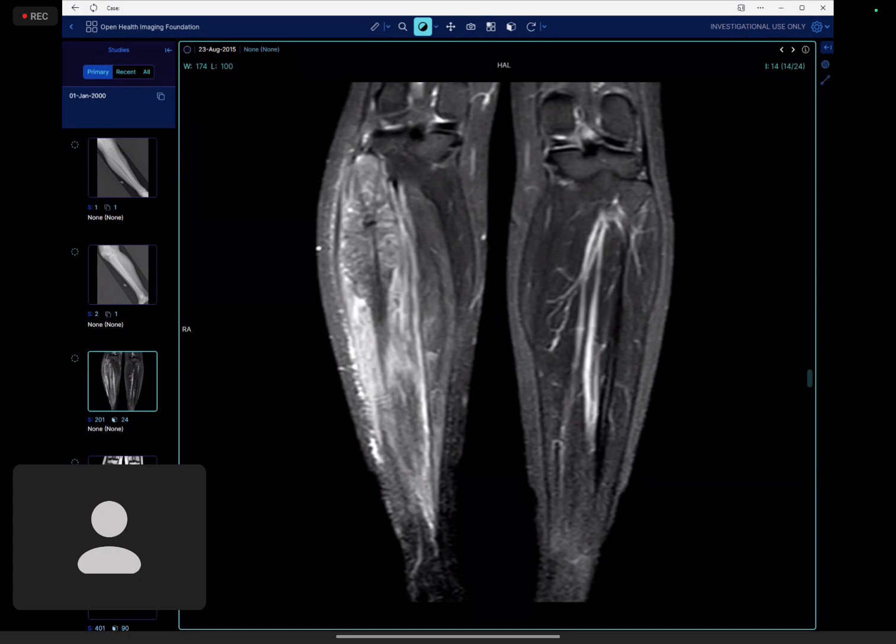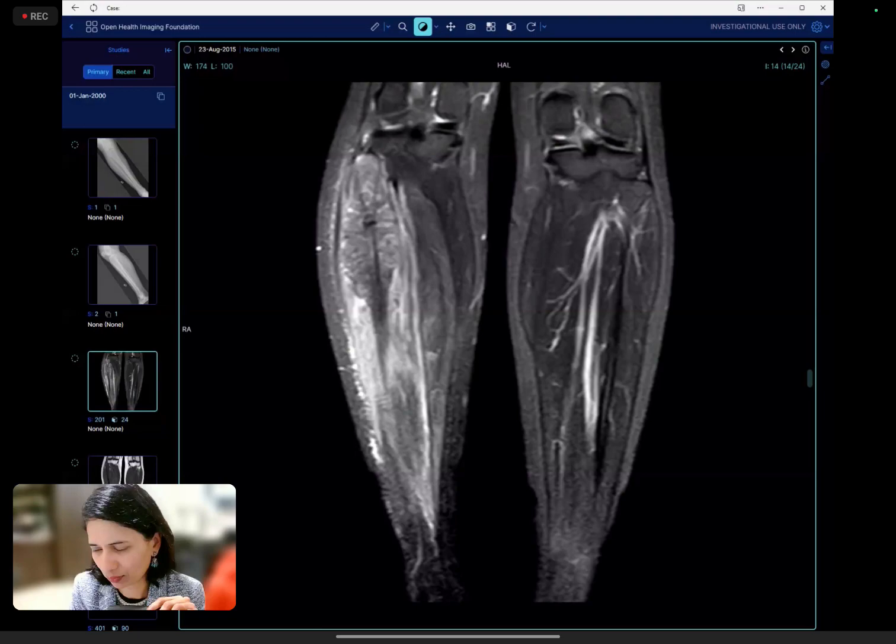There's an expansile appearance, and gross enhancement. This confirms that this is more of an aggressive lesion, and Ewing sarcoma is suspected.